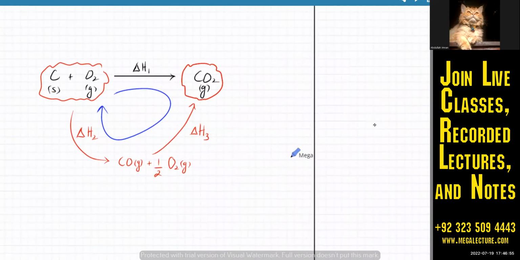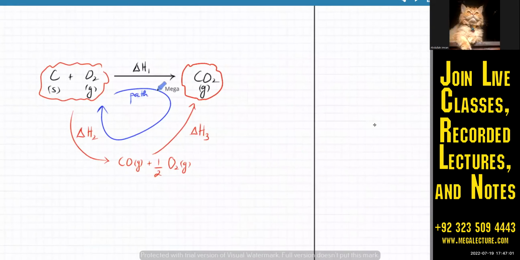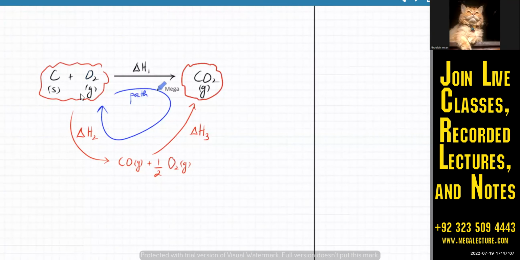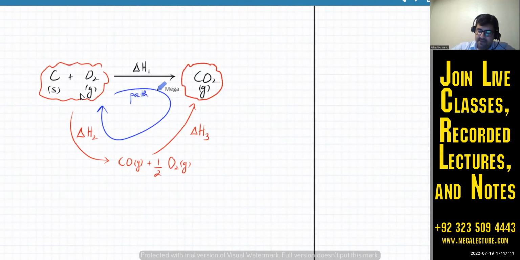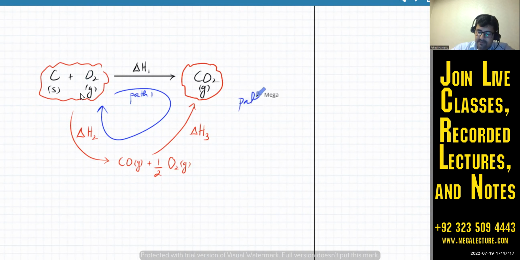So what would this path be equal to? What would be the total energy of this path? I just have one path, let's say. I start here and then I do everything and then I end at the same point. What would be the enthalpy change for this path? Path 1 over here is going to be equal to 0.